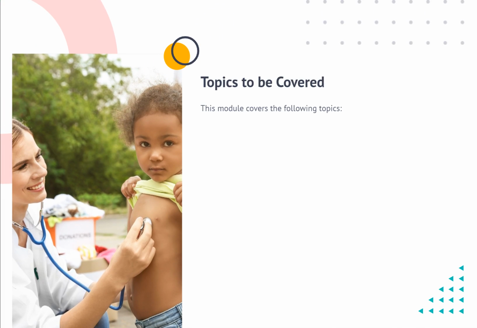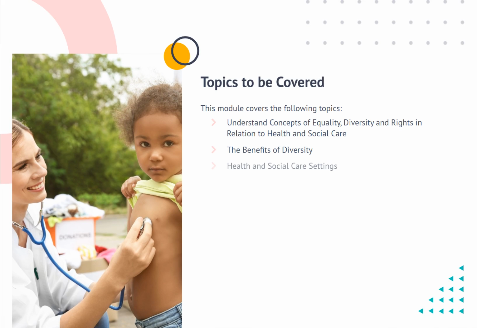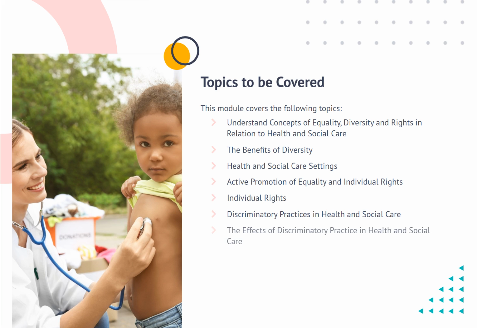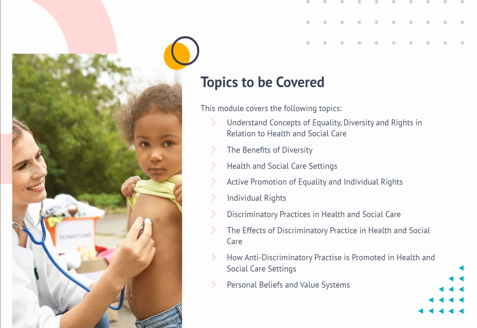Topics to be covered. This module covers the following topics. Understand concepts of equality, diversity, and rights in relation to health and social care. The benefits of diversity in health and social care settings. Active promotion of equality and individual rights.